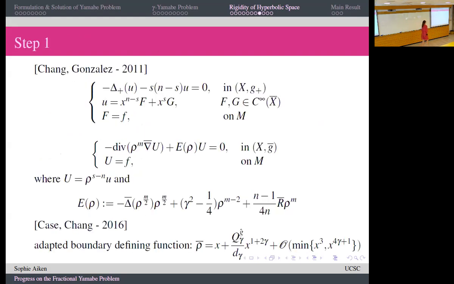Okay, here we go. So like I said, we want to find our operator, not using the Poisson equation, but using this boundary value problem here, where my E of rho is defined as follows. And the reason we want to do this reformulation is because this rho is a defining function, so I can choose a specific defining function within my class, which they're calling the adapted boundary defining function.